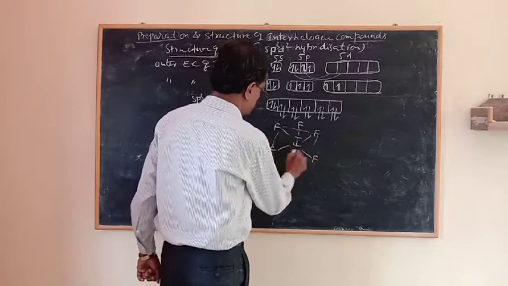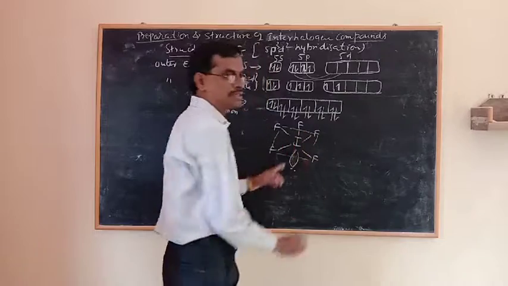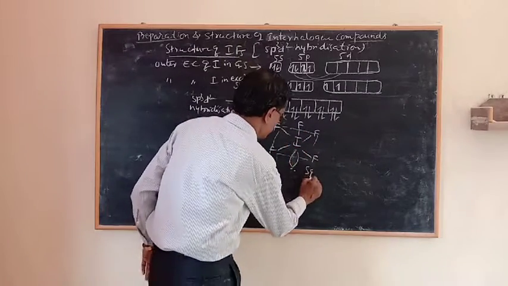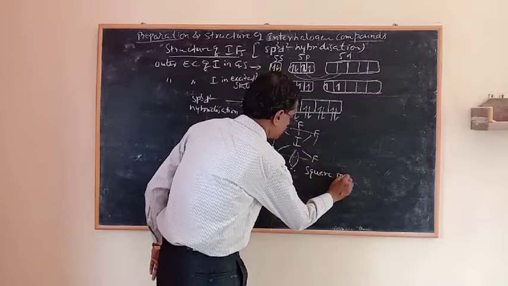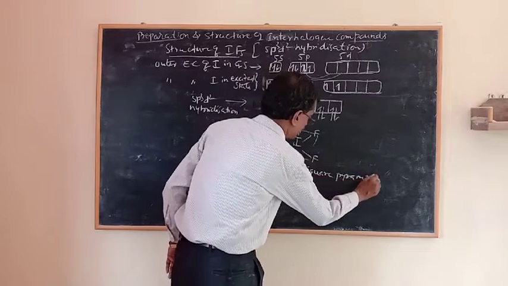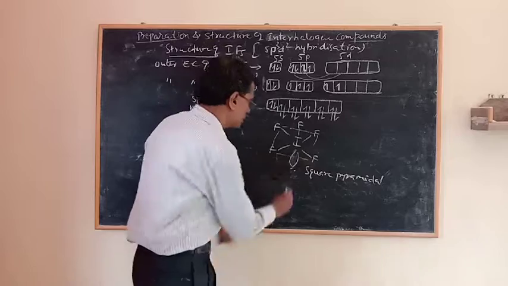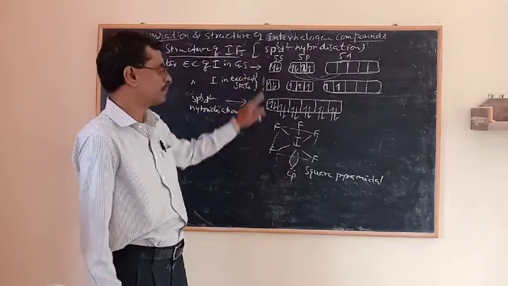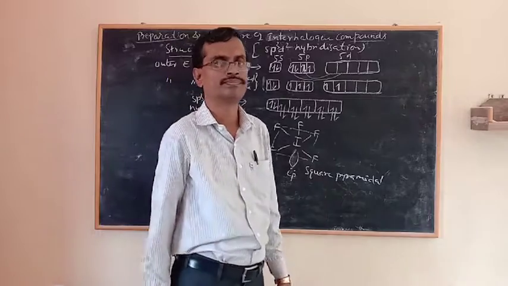If we join this, we will get the exact structure, and this structure is a type of square pyramidal. This is a lone pair of electrons. So this is the structure of the IF5, square pyramidal.